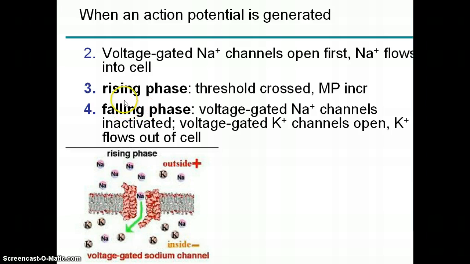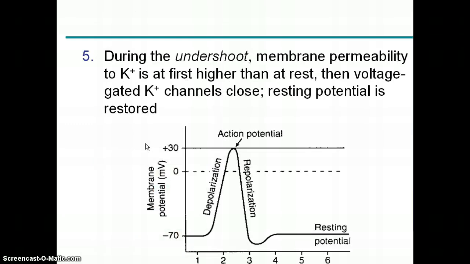Once you hit that peak of the action potential, then the sodium channels will close, potassium channels will open, and you get this repolarization that occurs as potassium ions flow out. When undershoot occurs, again, potassium is leaking out. Most of the potassium channels will eventually close, and then you'll have a return to this resting potential.